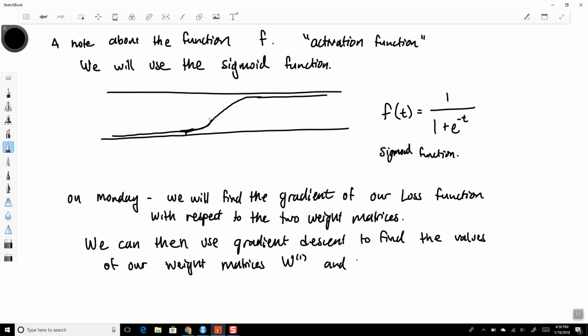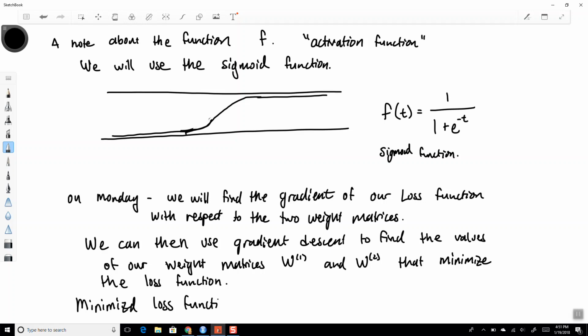When we minimize the loss function, that means our predicted values are close to the actual values. So a minimized loss function means predictions are close to actual values, which is what we desire.